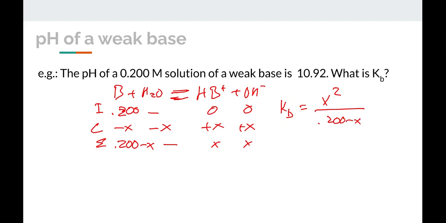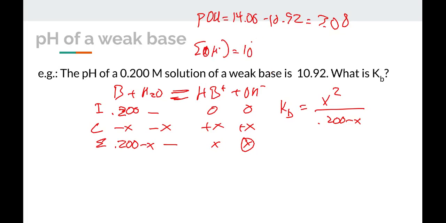So what is X? Well, X is hydroxide ion concentration at equilibrium. We know that the pH is 10.92, so that means that pOH is 14 minus 10.92, which is 3.08. So that means the OH minus concentration is 10 to the minus 3.08, which is 8.3 times 10 to the negative fourth.